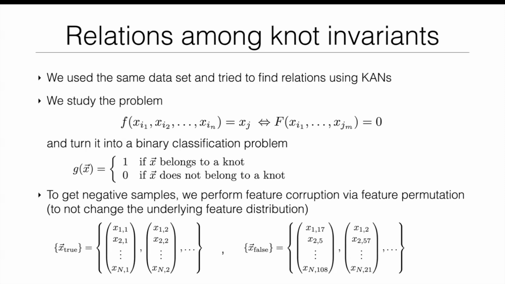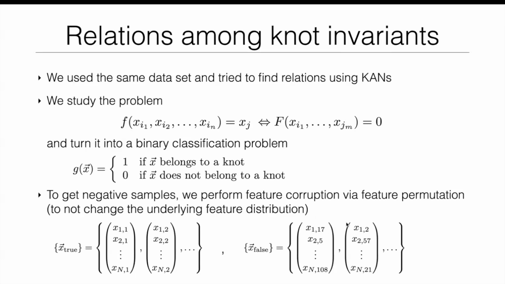So we take this collection of all knot invariants for one of the knots, all these knot invariants for the other knot, and now we produce fake samples by permuting, let's say, the entries in the first row. So this might be, let's say, the volume, and then I'm just switching the volume, but I'm keeping everything else.